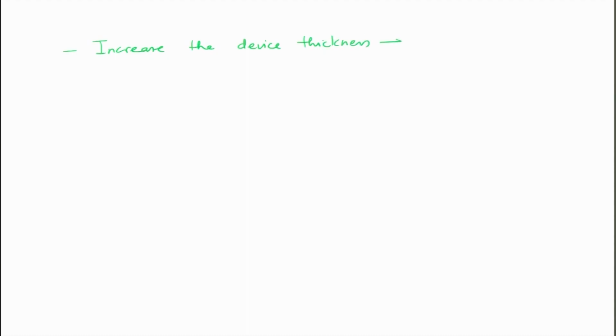And then of course you can also increase the device thickness, because if you increase the device thickness, we know that I is equal to I naught exponential minus alpha x. So if your x increases, your absorption will increase. The amount of light absorbed will increase, so transmitted light will reduce as your thickness increases. As a result, you can increase the device thickness. However, device thickness cannot be increased indiscriminately because of constraints with Lp and Ln, because these are finite numbers.